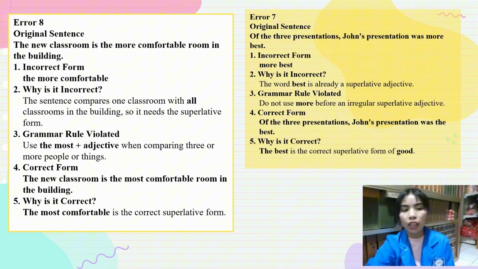Okay, next the seventh and eighth. In the seventh sentence, "more best" is a double superlative, so the correct form is the best. In the eighth sentence, "more comparable" should be changed to "the most comparable" because it compares one classroom with all classrooms in the building.